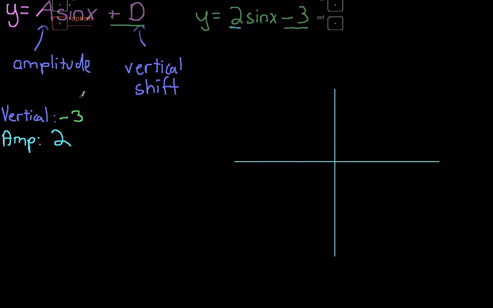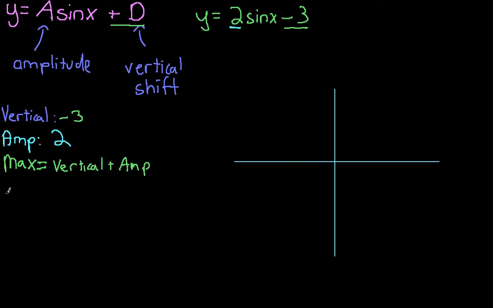Now, how can we use this information to find the maximum and the minimum value on our graph? Your maximum is going to be equal to your vertical shift plus your amplitude, and your minimum is going to equal your vertical shift minus your amplitude.